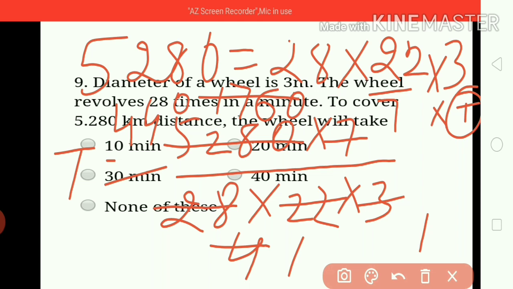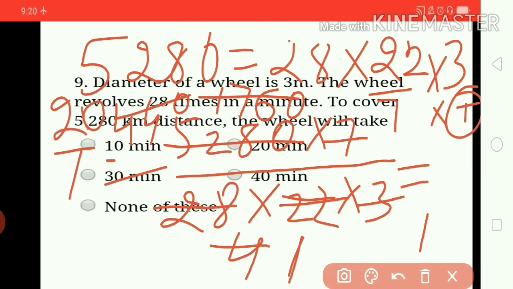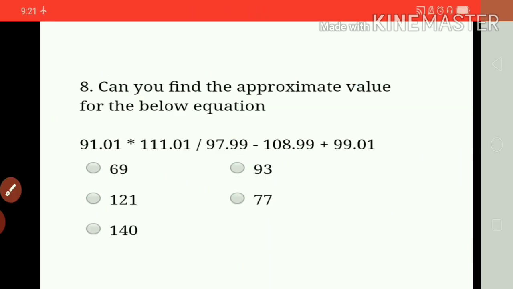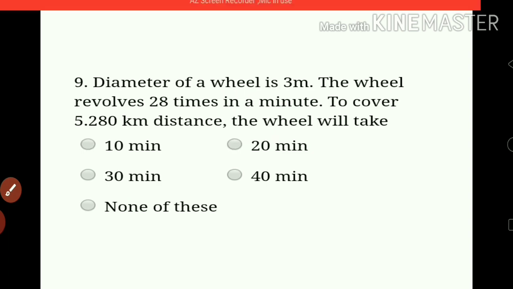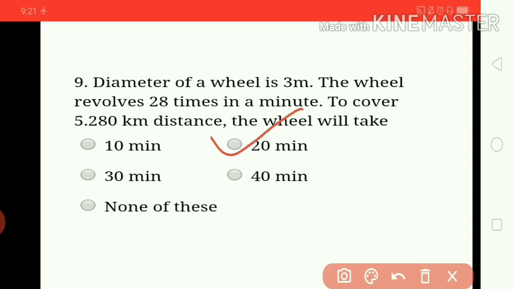Now what is remain here, 22 is remain, cut 22 ones are 22, 22 twos are 44 and 0. You will get 20 minutes. So let us check which option is showing you 20 minutes. It is option B, right?